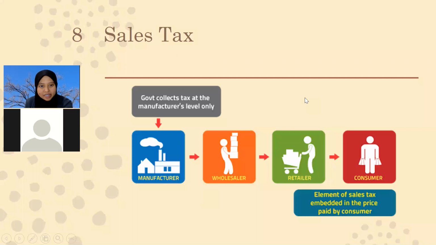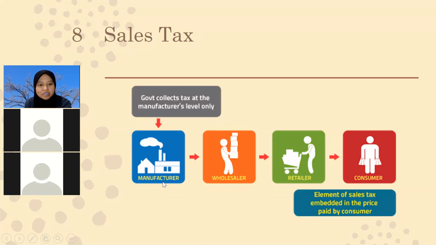So for sales tax, the one that we have now, sales tax is imposed only at the manufacturer's level. So throughout the supply chain here, only the manufacturer will have to charge sales tax. So the government collects tax at the manufacturer's level only.